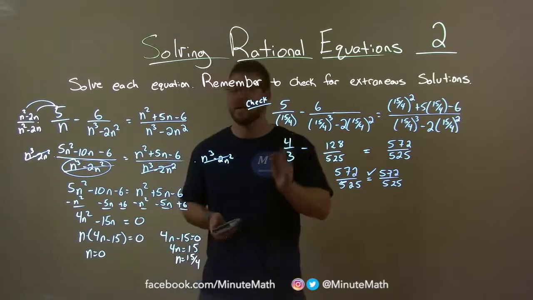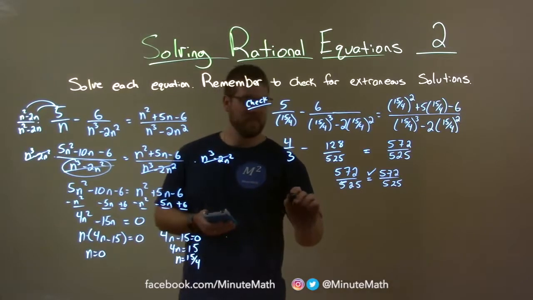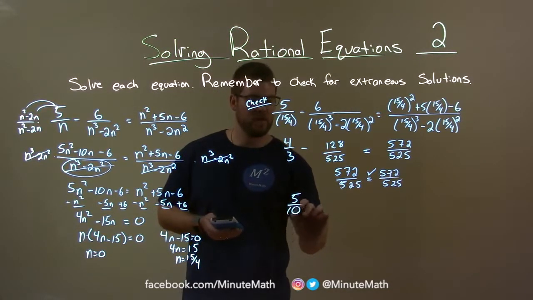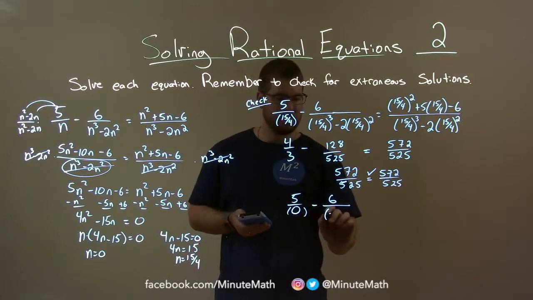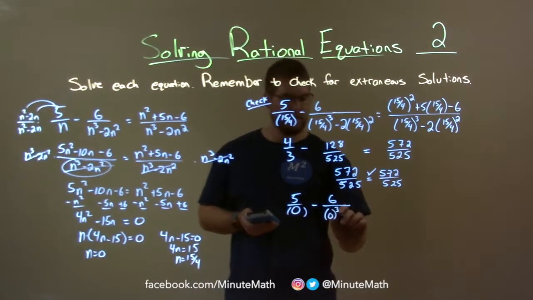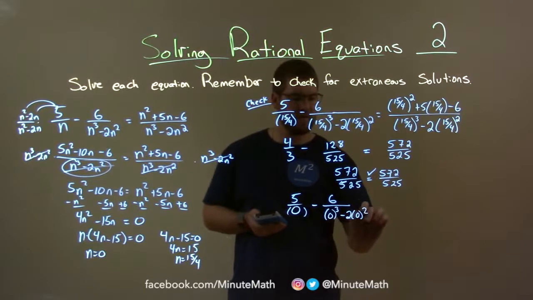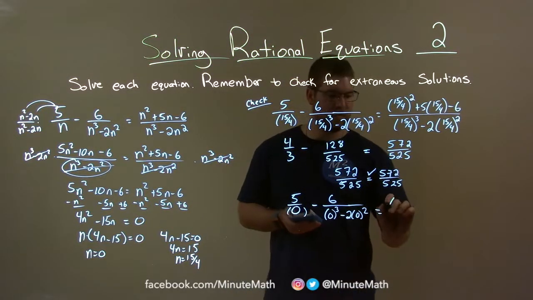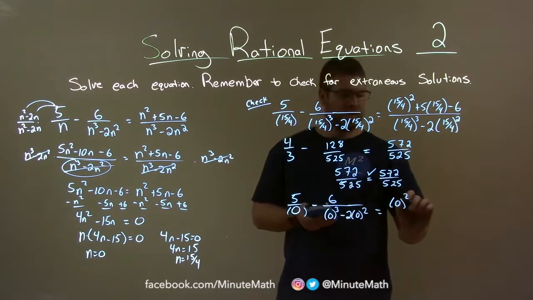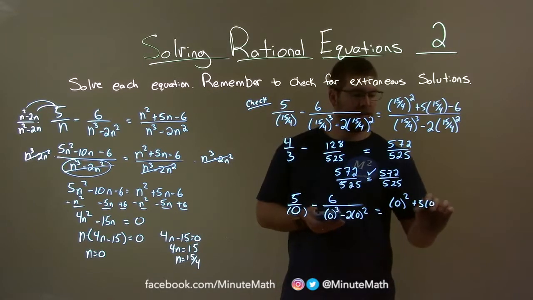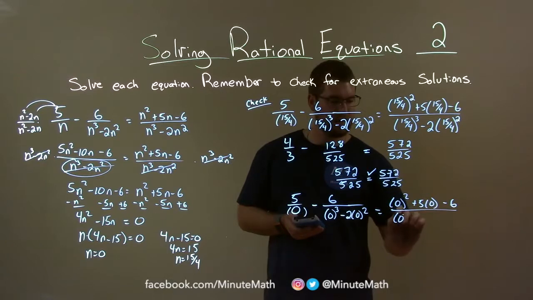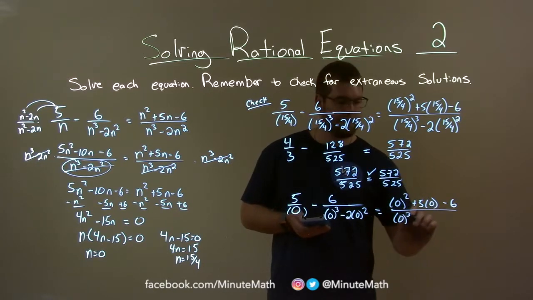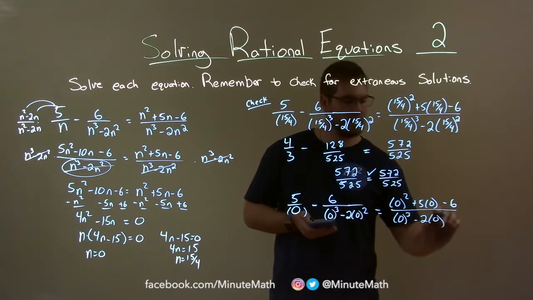What about 0? Let's plug 0 in for n and check. So 5 over 0 minus 6 over 0 to the third power minus 2 times 0 squared is equal to 0 squared plus 5 times 0 minus 6 over 0 to the third power minus 2 times 0 squared.